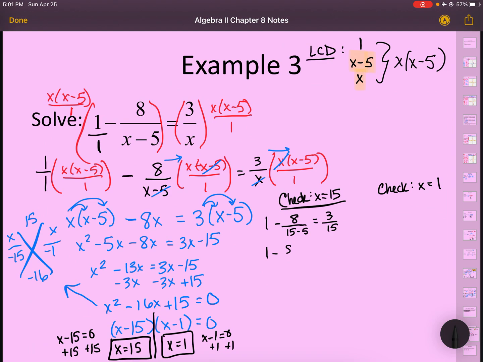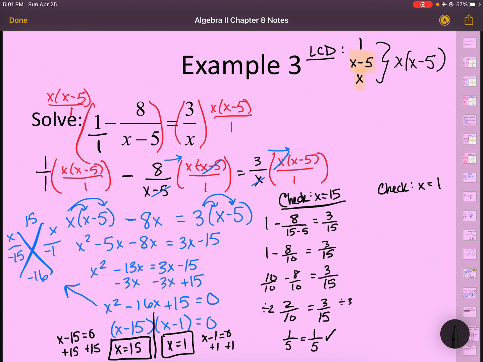So 1 minus 8 over 10 is 3/15. But 1 I can write using a denominator of 10, or 10 over 10 minus 8 over 10 equals 3/15. Or this is 2/10. And if I divide by 2 here and divide by 3 here, I got 1/5. And this is also 1/5. So this one's good.